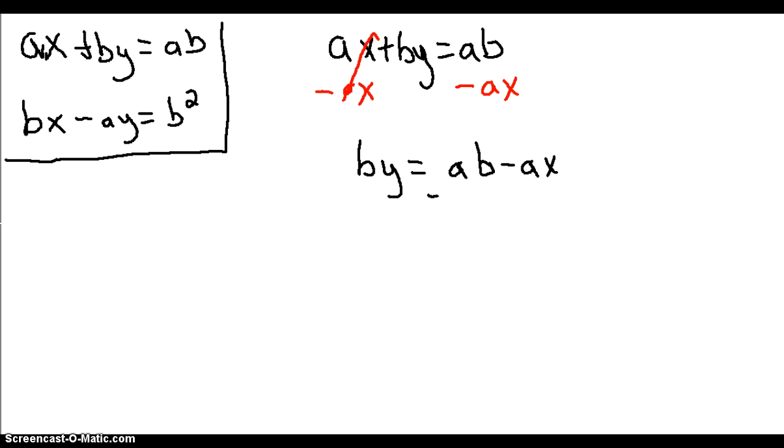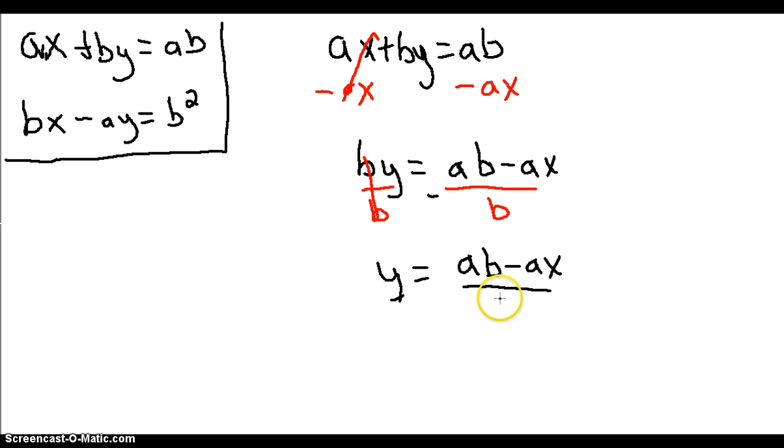And then to finish off solving for y, we're going to divide by b on both sides. So then this will give us y equals ab minus ax over b.